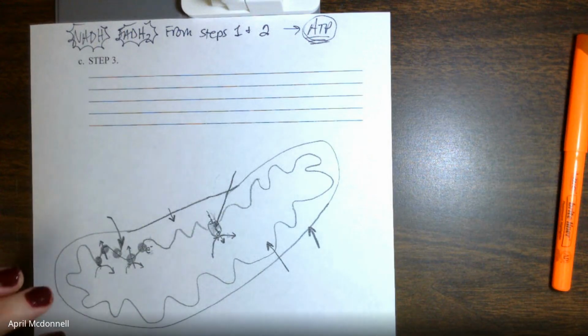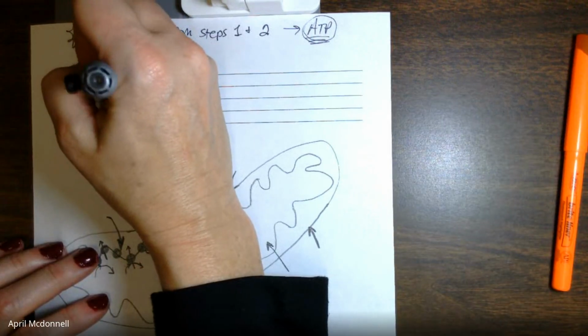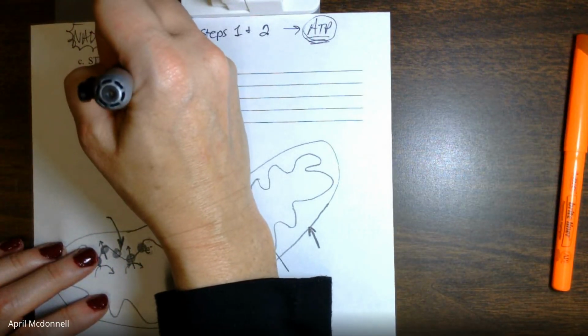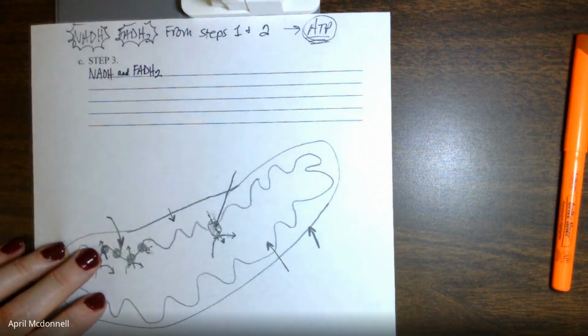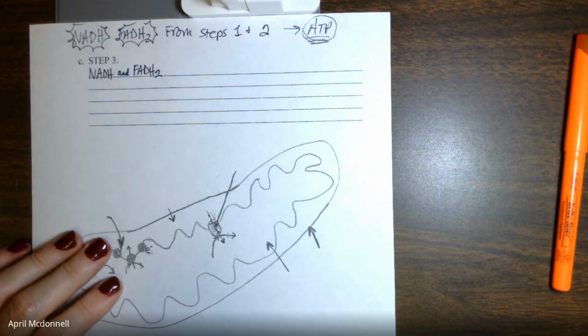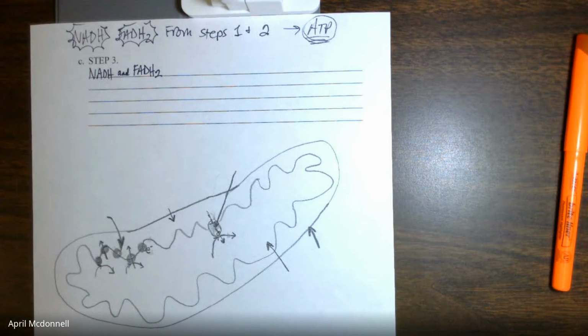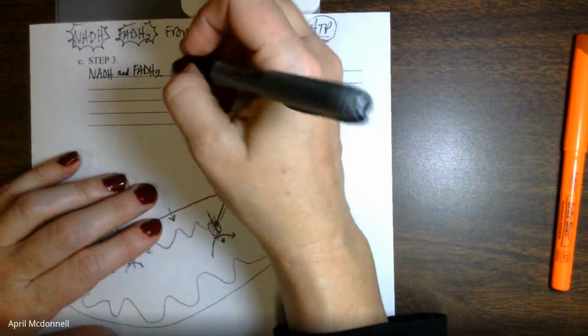So NADH and FADH2 will transfer their high energy electrons to a system of proteins called the electron transport chain.